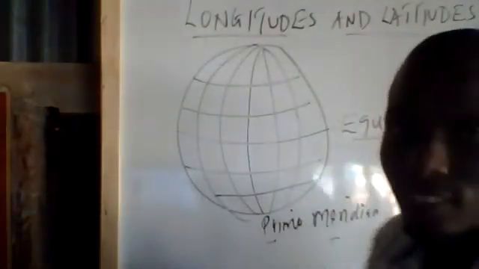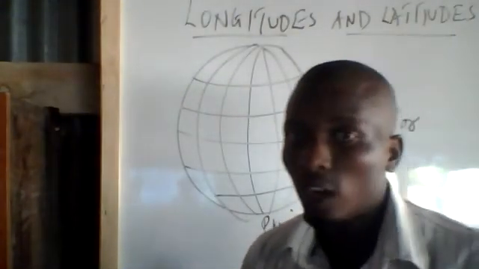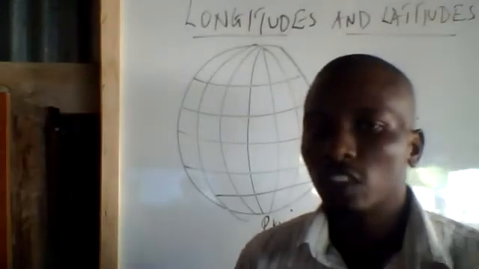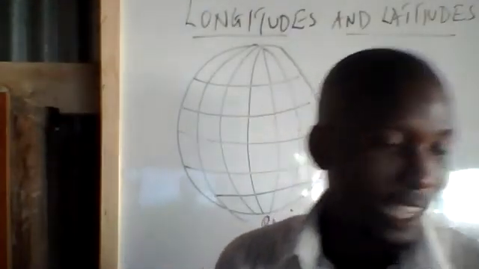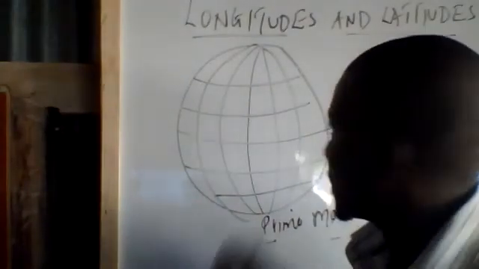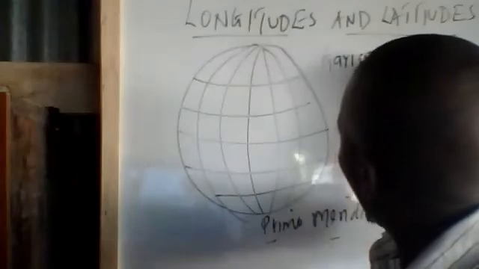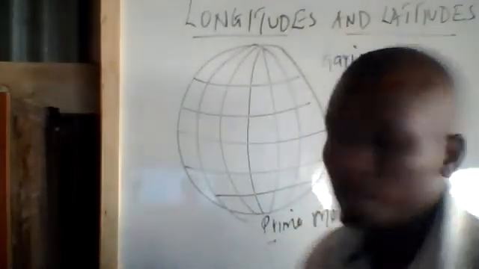So, after understanding what are the longitudes, then we ask ourselves, how can we be able to know the specific positions of various towns, for example? Let us take an example of Garissa. I want just to give out my own example.